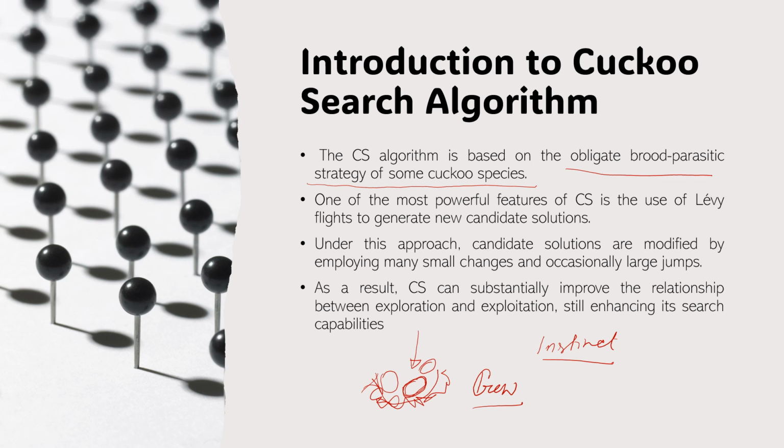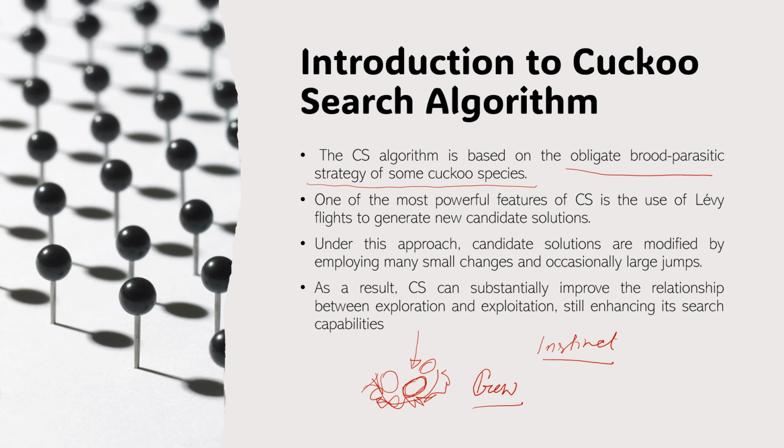Now, if you think of this cuckoo egg as the solution or the optimal solution, then you can employ the procedure by which the cuckoo lays eggs in the nest of the host species to find the optimal solution of your optimization problem from the multiple solutions that you may have.